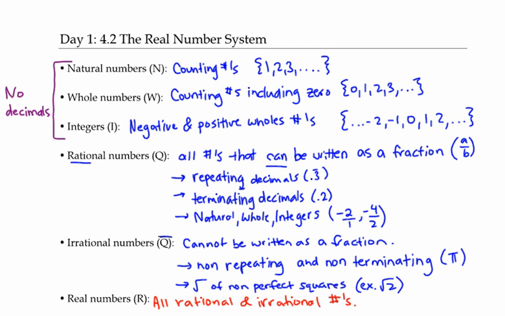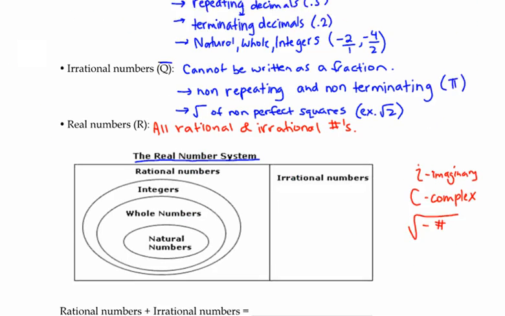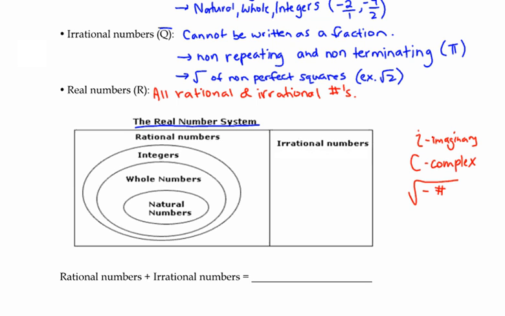That's right. Okay, so there's our number system. It's all inside of here. So natural numbers are the smallest set. You can see these are enveloped. If you're a rational number, there's numbers that are rational that aren't integers or whole or natural. But if you're natural, you're automatically inside the rational numbers. All of these, integers, whole, and natural, are all rational.